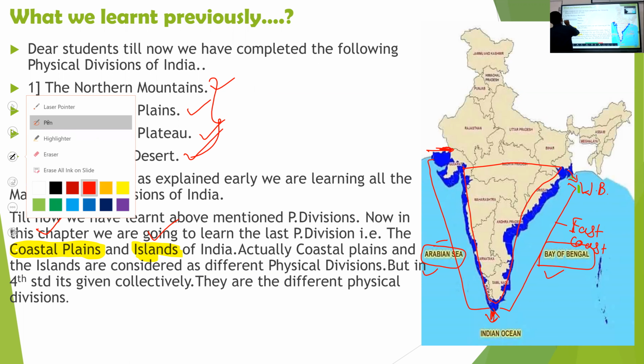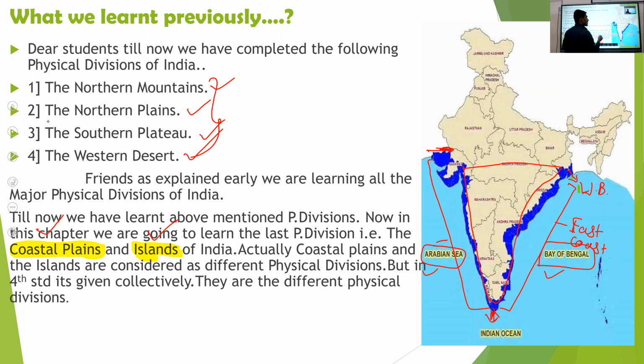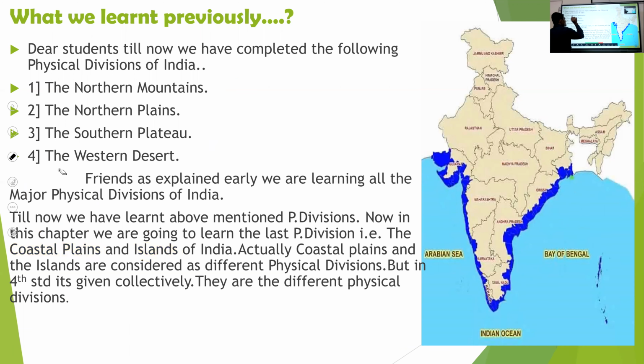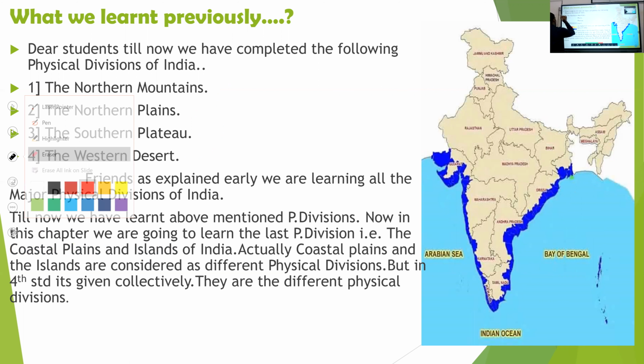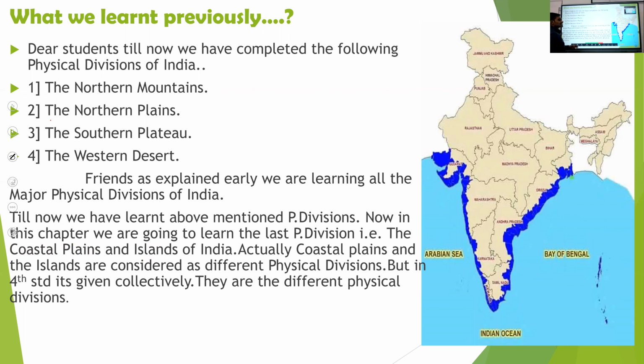In this chapter, we are going to learn not only the coastal plains but also the islands, that is the two groups of islands as well. Which are those two groups of islands we are going to learn? It is a separate physical division of our India.